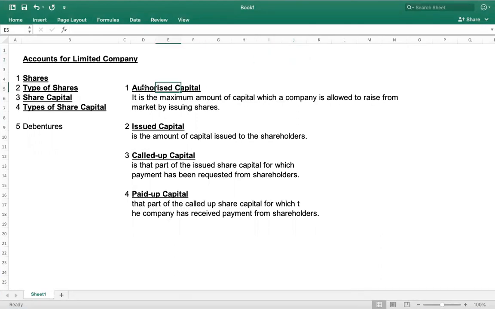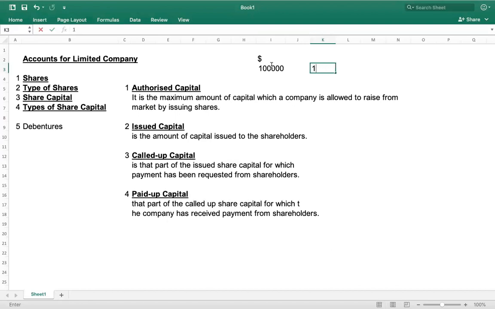So that is known as what? Authorized capital. Authorized means you are permitted to issue shares up to that amount. Let's say I decided $100,000. This is my authorized capital, right? And what are the authorized shares? 10,000 authorized.